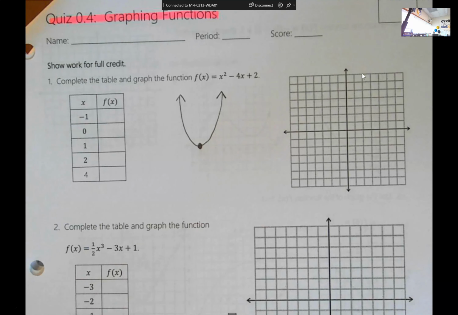Yes, so you do negative 1 squared minus 4 times negative 1 plus 2. Well, where's your vertex?